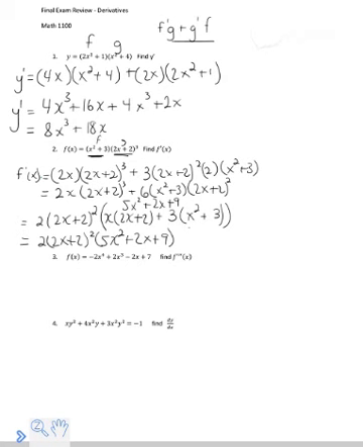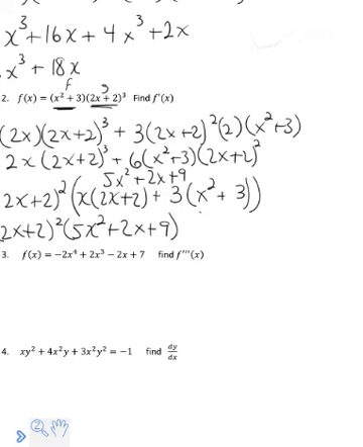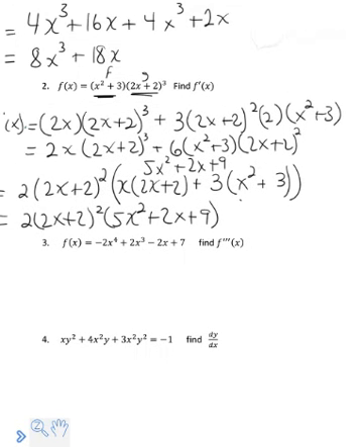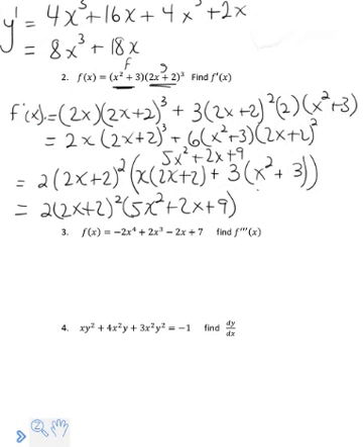Okay, question 3. Supposed to find the third derivative. So we have to start with the first derivative, f prime of x. That's going to be negative 8x to the third plus 6x squared minus 2.